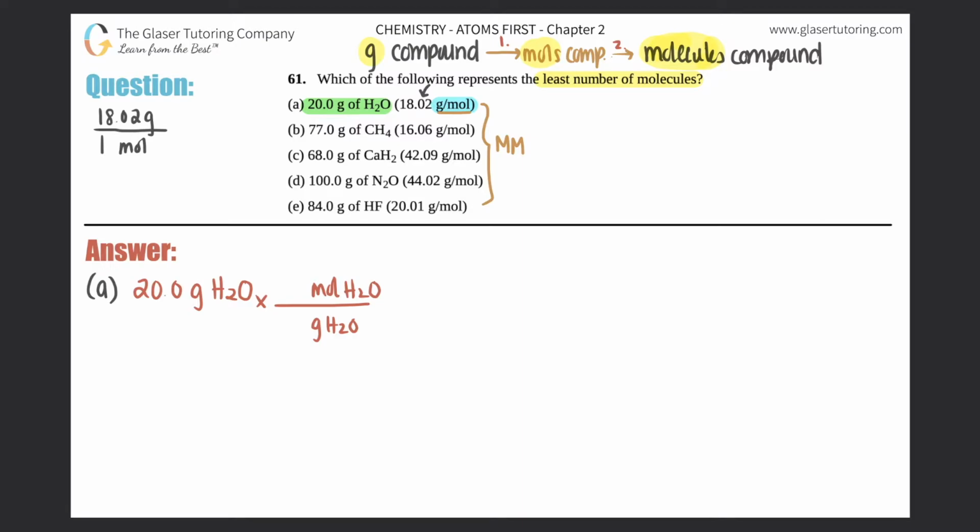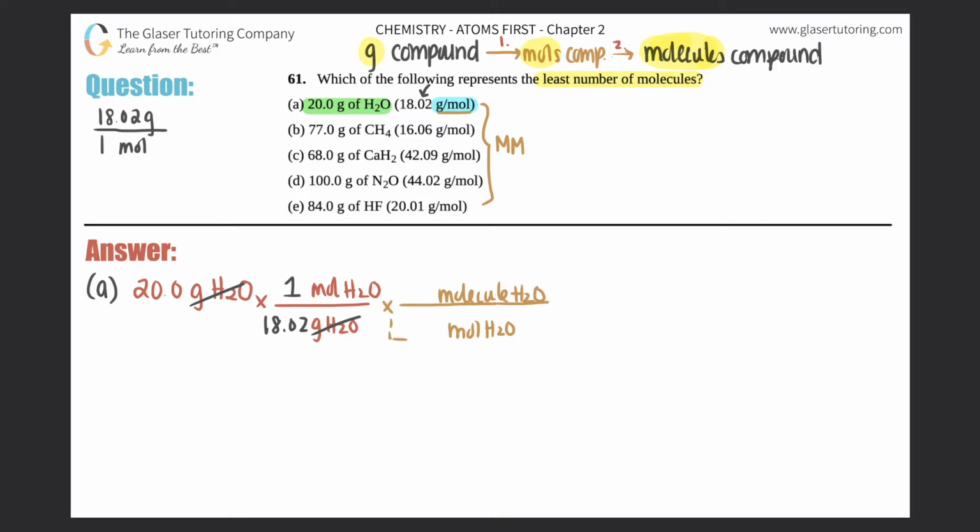If it's just per something, it's always per 1 if there's no number there. So that would be 1 mole for H2O, and the 18.02 would go on the bottom. Grams of H2O cancel out, and now we just have to convert to molecules, right? So times the ratio, mole of H2O on the bottom, molecule of H2O up top.